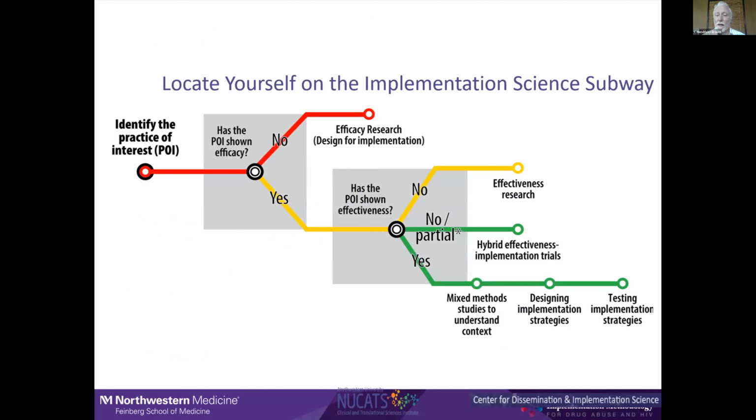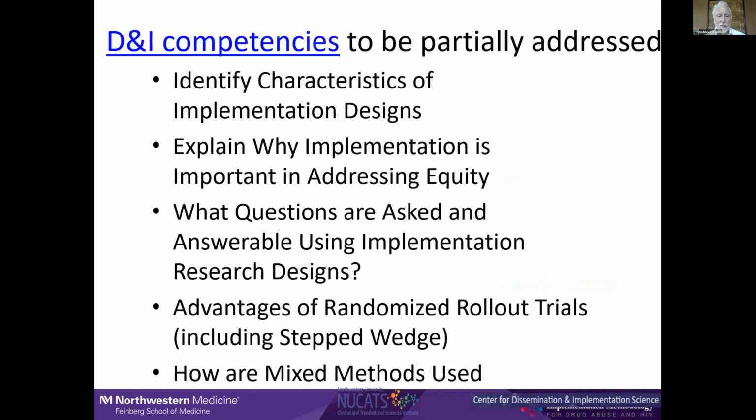Okay, so the green area in here is what we're going to talk about today: hybrid effectiveness implementation trials, mixed methods designs, and testing for implementation strategies using quantitative methods. Next. Here are the competencies that we've specified today.